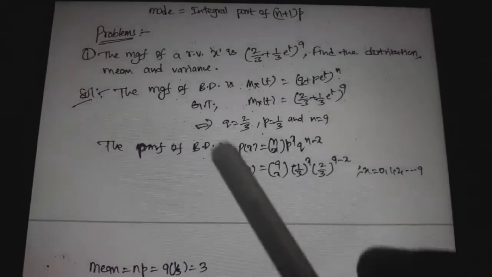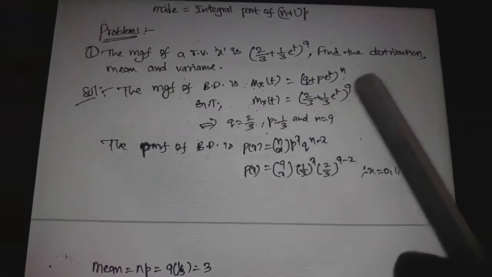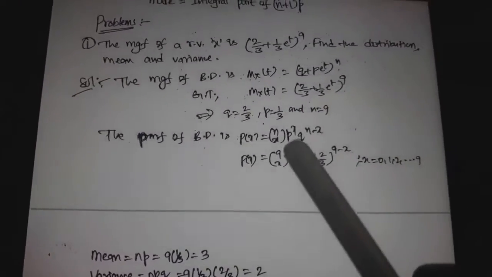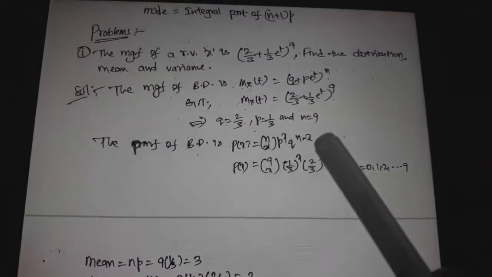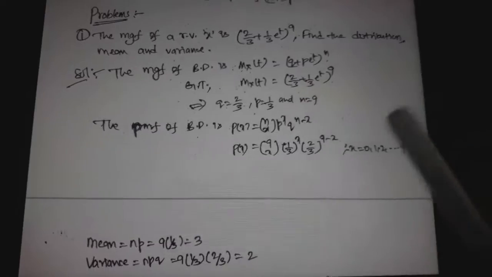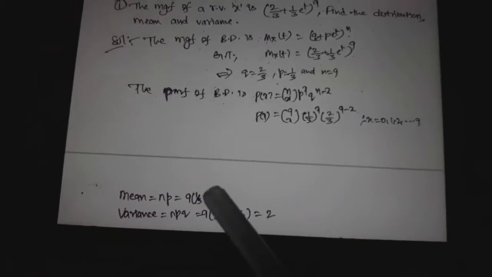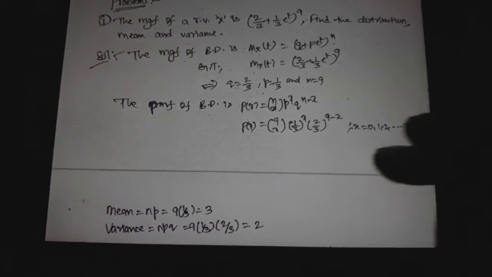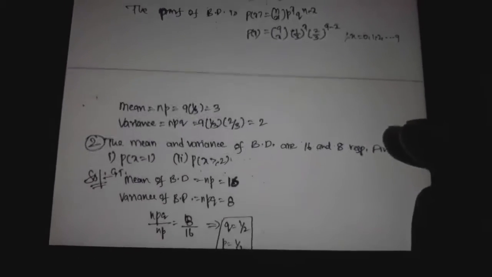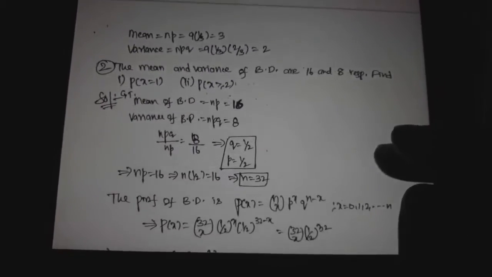Based on these three values, the distribution is P of x equals 9Cx, 1 by 3 power x, 2 by 3 power 9 minus x. Mean is np, substitute that, it gives 3. Variance is npq, so substitute the respective values and simplify.